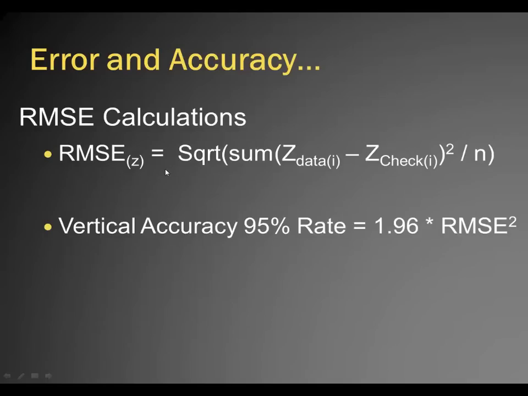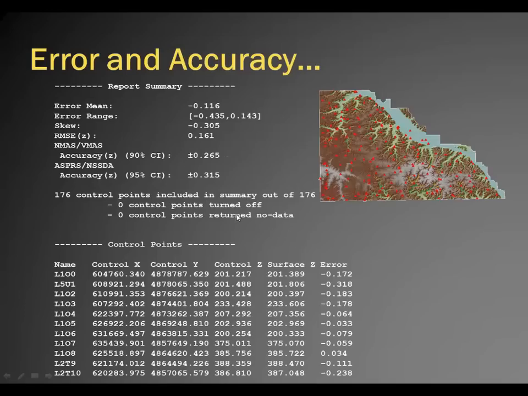Now, in the NSSDA component, it's important to understand there's an RMSE and there's a 95% confidence factor. We go through a calculation to measure the RMSE, and then after we've calculated the RMSE, assuming a normal distribution, we multiply it by 1.96 to get a 95% confidence factor. And here's an example of it.